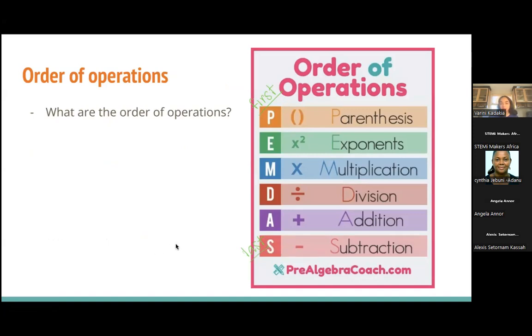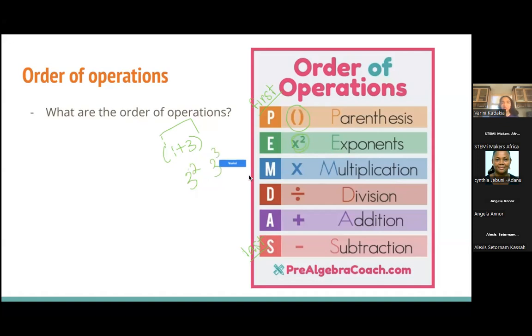So first are parentheses, which look like this. When you're given anything in parentheses, let's say 1 plus 3, this will be the first thing you evaluate in the expression. Next is exponents, like 3 squared or 3 cubed.